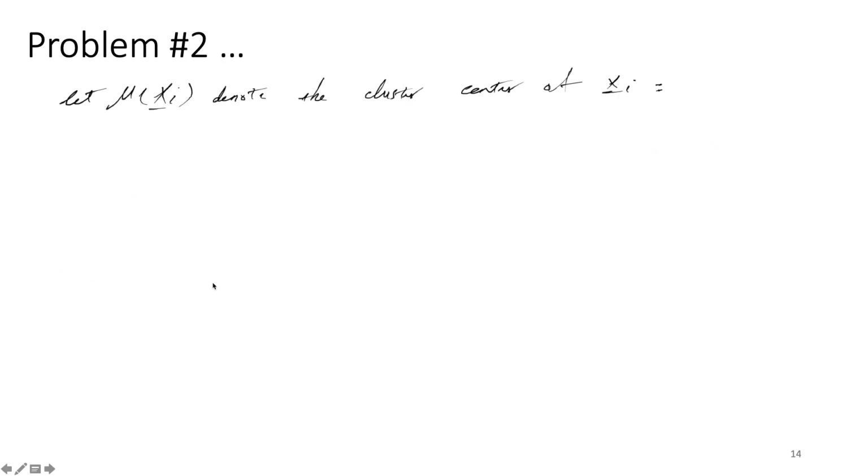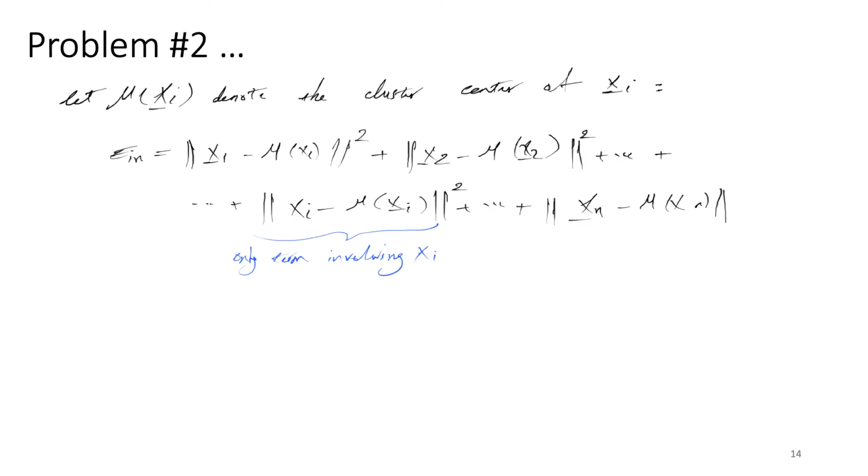So now let mu of x i denote the cluster center of x i. If you expand this, you're going to have it for all those clusters, right? So the first one is 1, 2, and that would be the ith one, and the last one. And again, take into account that each of them is only involved with their own cluster.